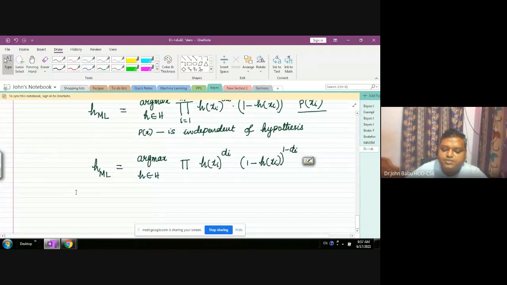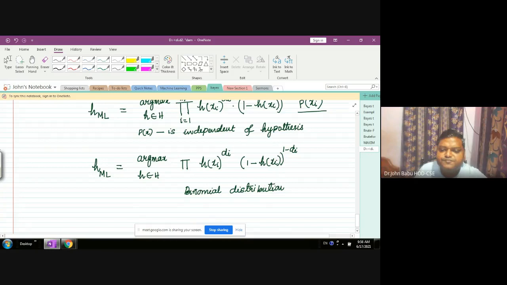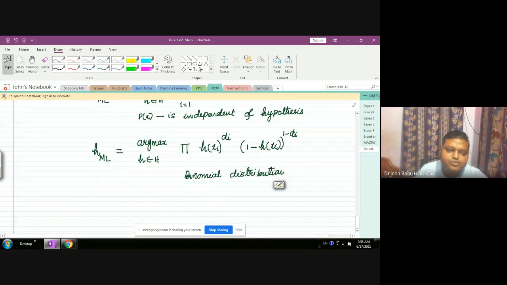So this is the binomial distribution. And to maximize an expression, it is the same as maximizing its logarithm.